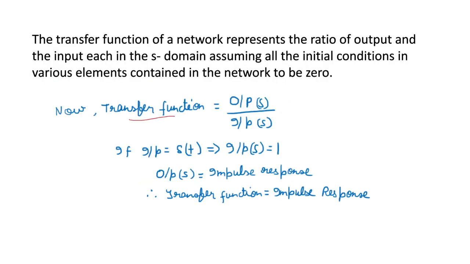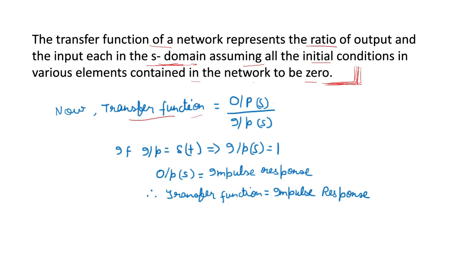Now, as we have discussed, the transfer function of a network represents the ratio of output and input, each in the S domain, assuming all the initial conditions in the various elements contained in the network to be 0. This assumption is made because here we have used the Laplace transform, meaning the S domain. You will study this while studying Laplace transfer functions.